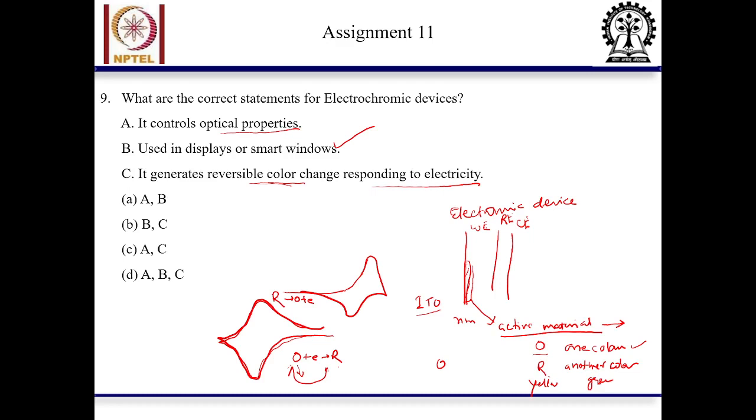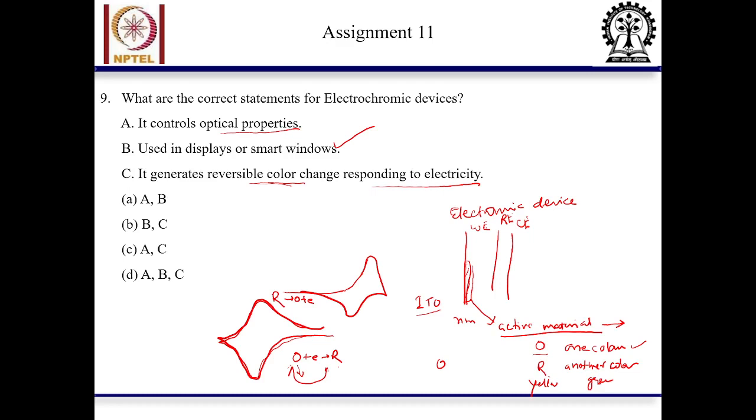What is the working electrode, what is the counter electrode, and how the color is changing. Basically, your active material has two different colors. One is the oxidized condition, another is the reduced condition. It can have more than two colors also if it has, suppose, two electron transfers.